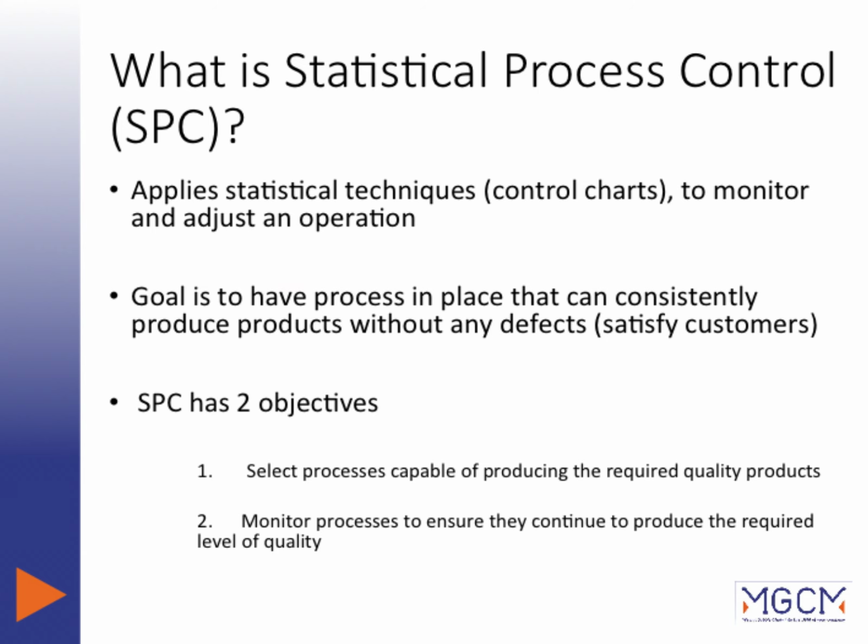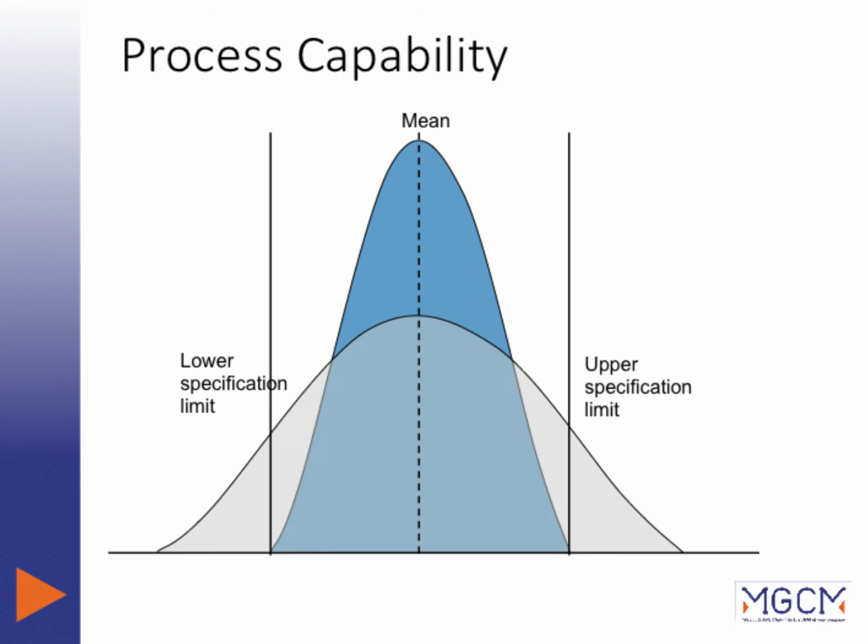Now, before we do that, let us quickly understand what is process capability. Process capability is a measure of process spread in relation to the upper and lower specification limit. If you look at this figure, it illustrates the spread of process outputs from the mean for a manufactured product. In the dark shaded distribution, the products fall within the upper and lower specification limits and are centered around the mean.